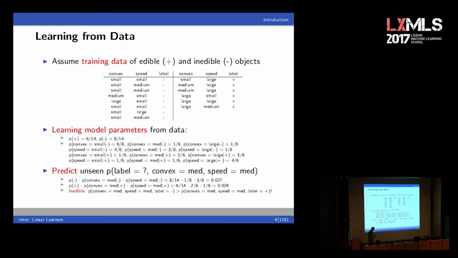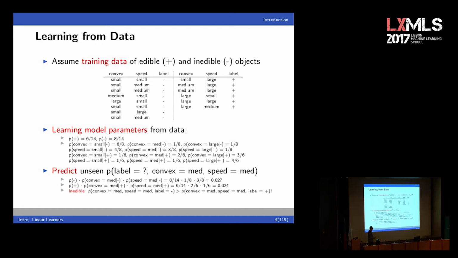And if you look here, we have never seen this combination. We don't actually know from the data. We can't just memorize the data. We have never seen an object like that. So we have to build the probability of label plus or minus given convex medium and speed medium from our probabilities of features and labels.